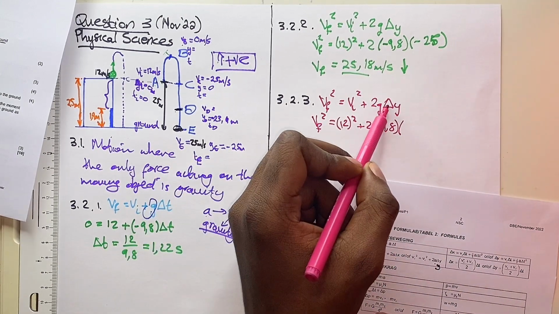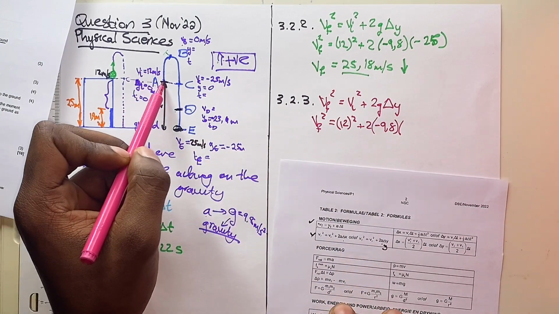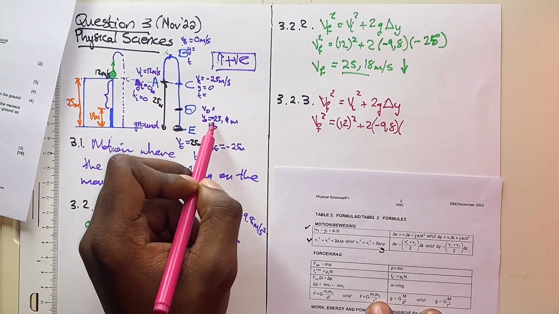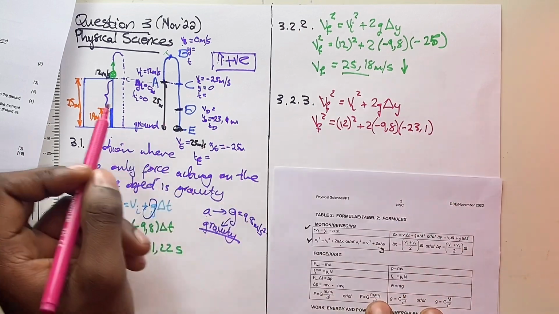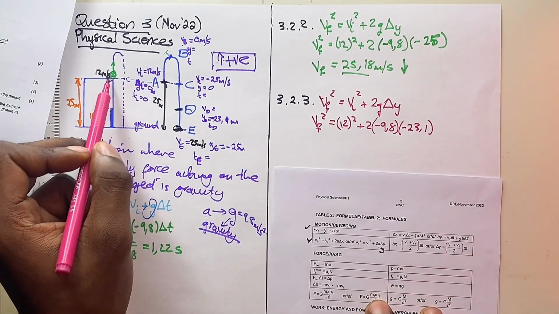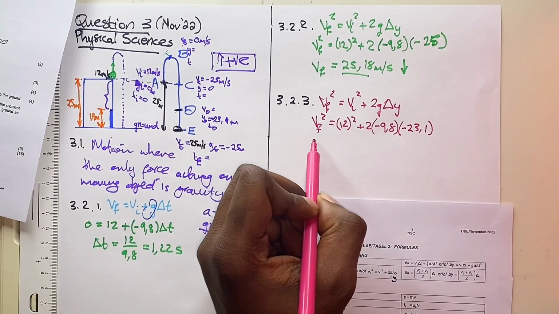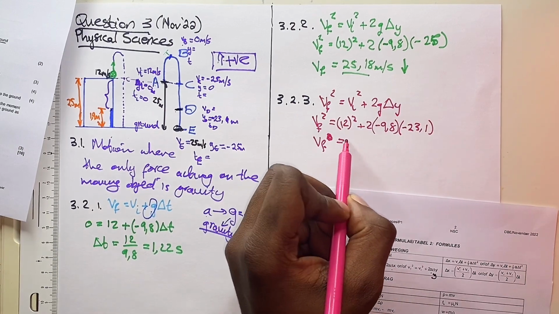Do we know the delta y? Delta y is the distance between A and D. We do know that it is negative 23.1 because it is the difference between A and the top of the door. So 25 minus 1.9.